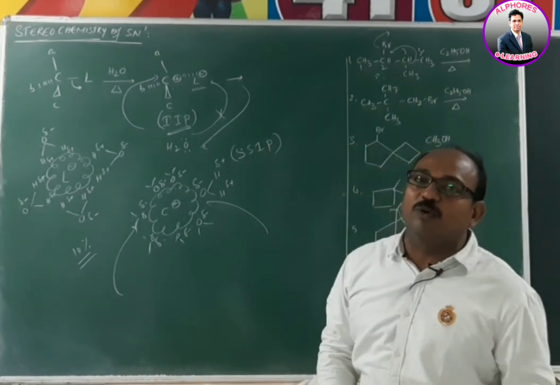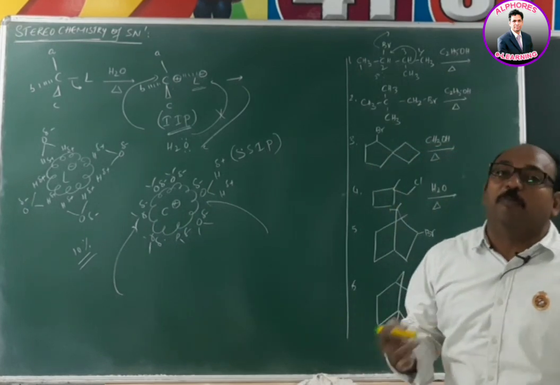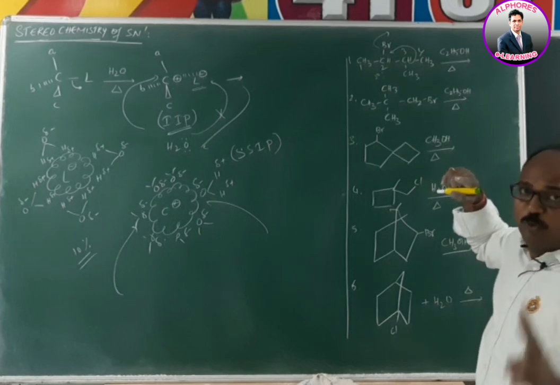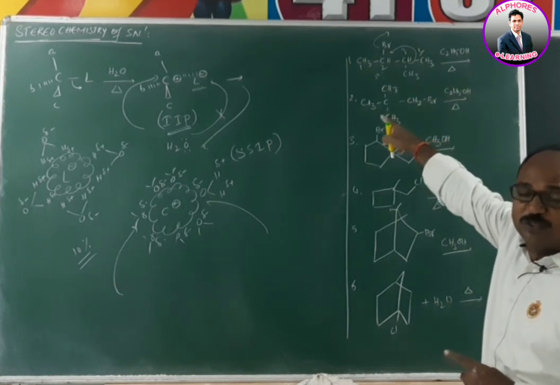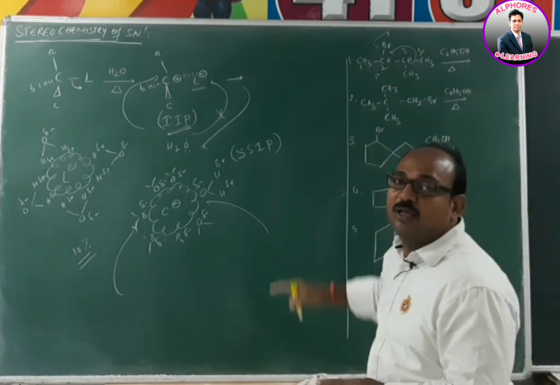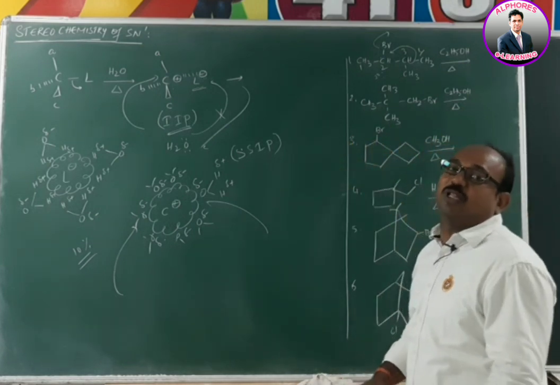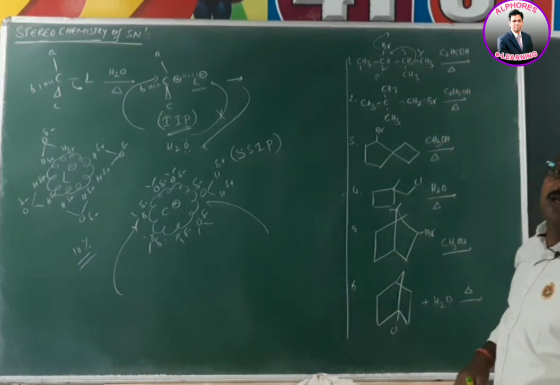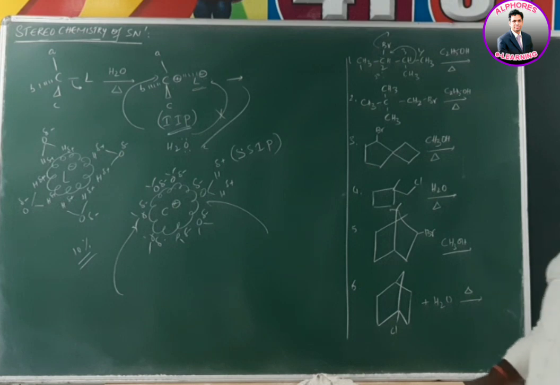Hence the product we get from the more stable carbocation is the major product. So in this case two products are possible, one from the secondary carbocation and another from the tertiary carbocation. The tertiary carbocation is more stable, so the product we get from it is the major product. Okay, so you need to consider optical isomerism also.